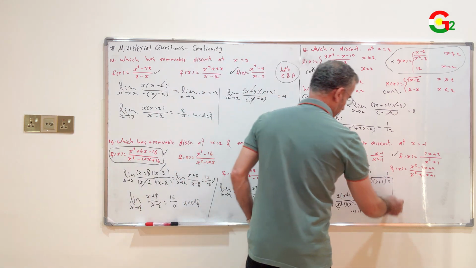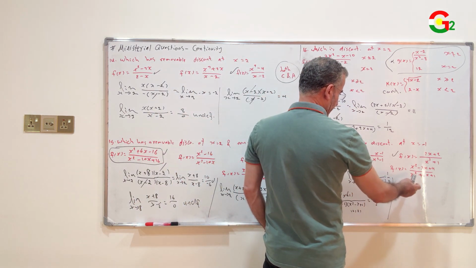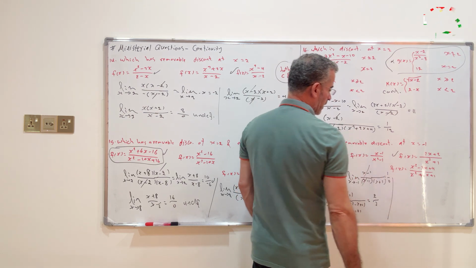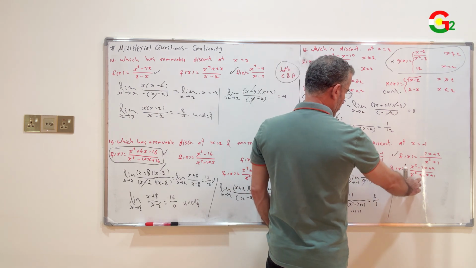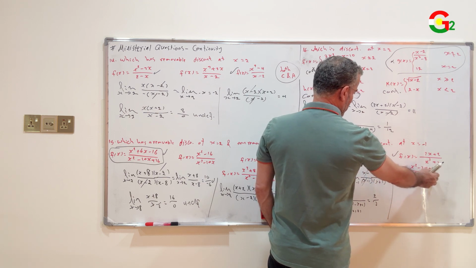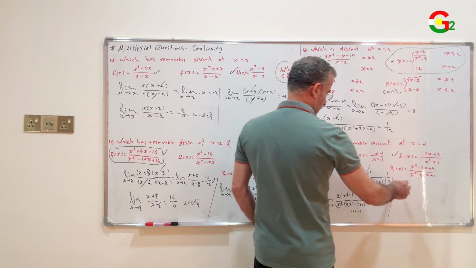Let us check the last one. When x approaches negative 1 squared, 1, minus 2 minus 1 plus 1, 0.